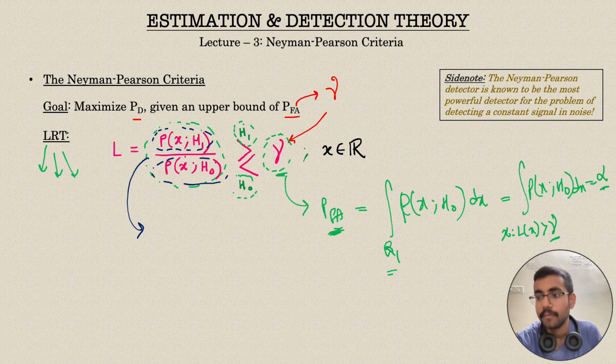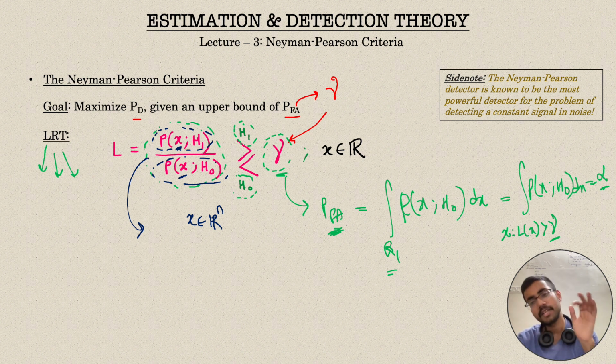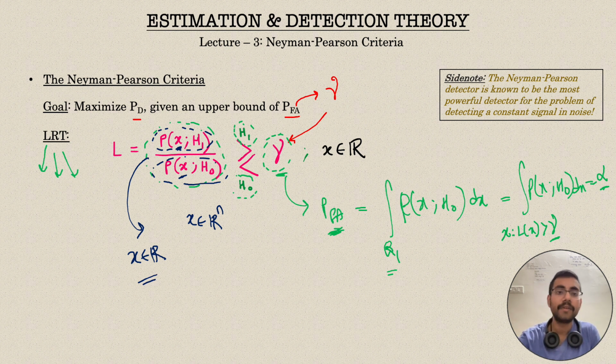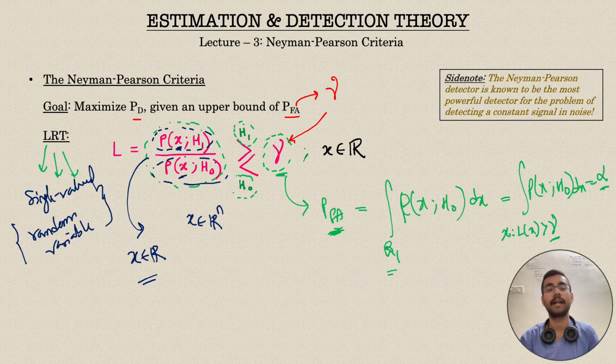If the variable x that you have in both the numerator and denominator belongs to R^n, if this is multi-dimensional, still the LRT will be single dimensional. So the LRT that we get is a single-valued random variable. Once again, there is an elaborate proof for that which is not necessary to us at this instant.